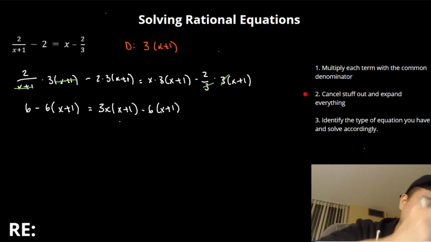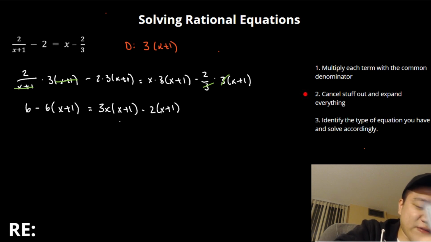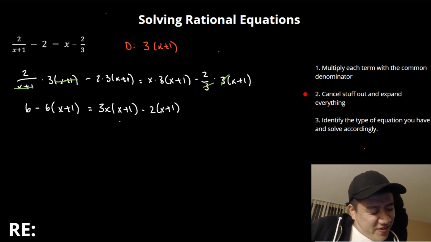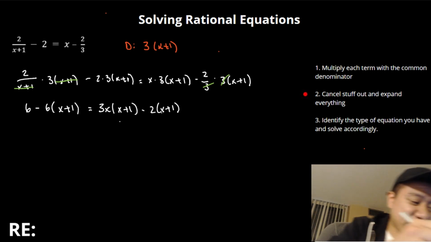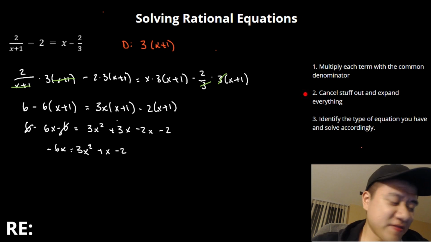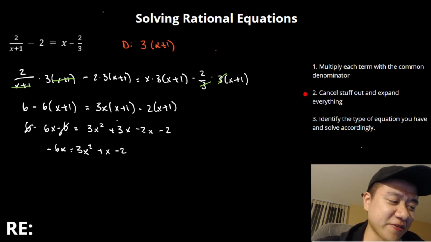It should be 2. Okay. Nice. Alright, and then we just keep going. We just expand everything. So we have 6 minus 6x minus 6 equals 2 times 3x squared plus 3x. So we pretty much simplified some stuff. We can keep going, but we're going to move on to the third step.